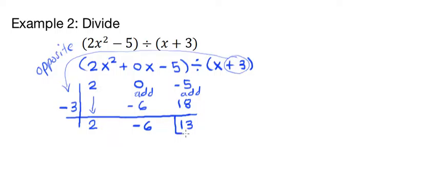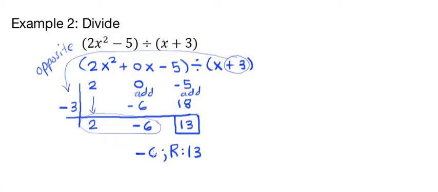We separate the 13 from the rest because this guy is going to be the remainder, and this part, these two numbers, will determine the quotient. How? This way. Remainder will be 13 right from here. Sort of write this backwards.